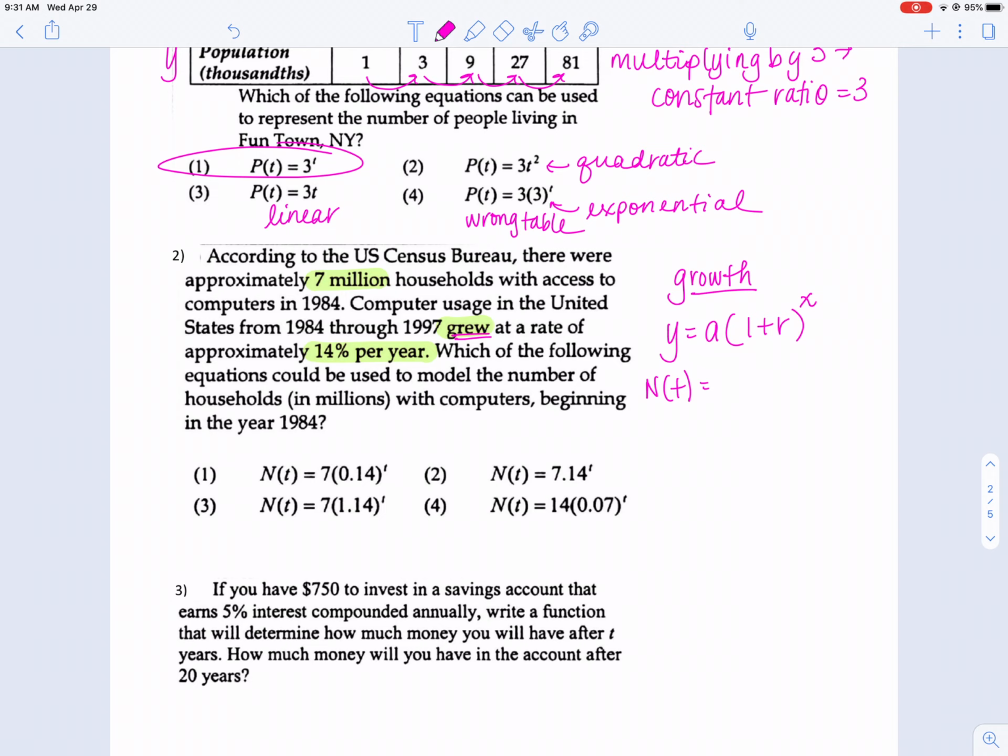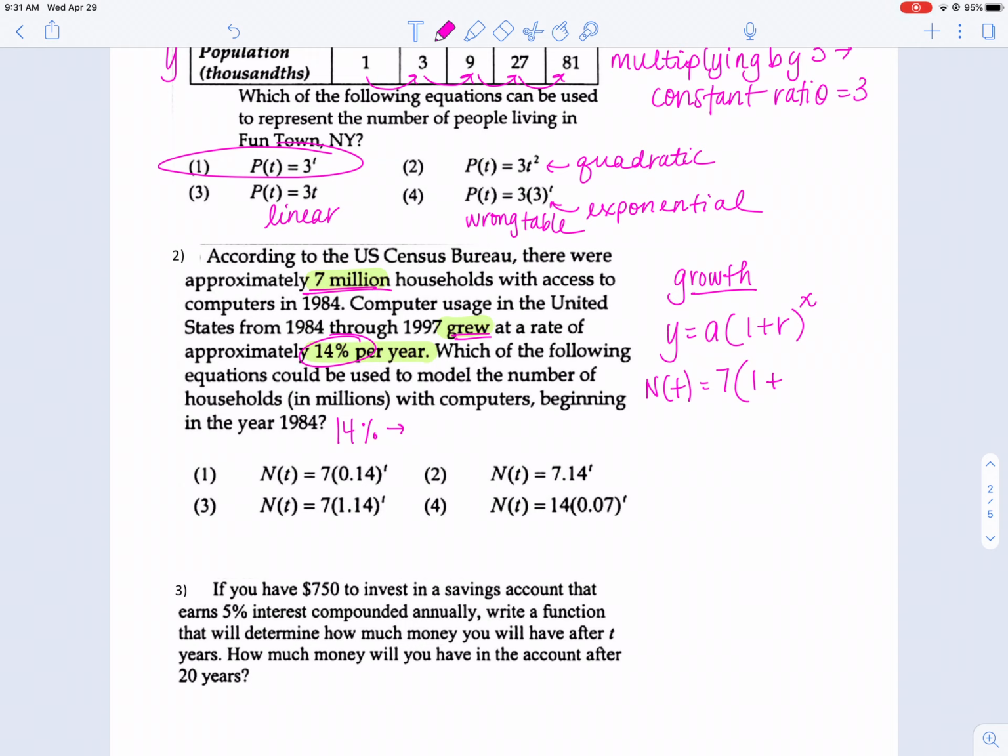So what is your A value? Your A value is your initial value. What's your initial value? Your 7 million households, and they just write it as 7. Now I'm going to do 1 plus, what's the rate? 14%. Here's the hard part. 14%. You never plug it in as a 14.